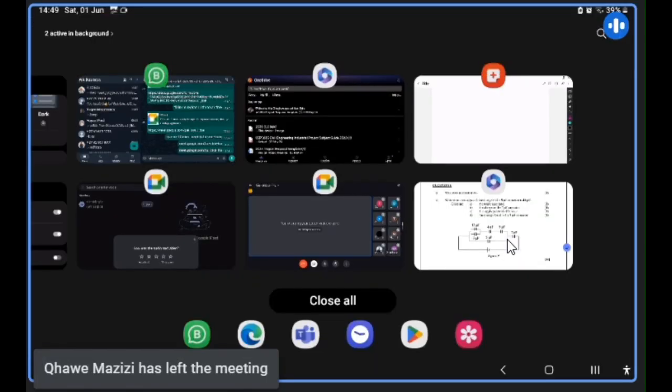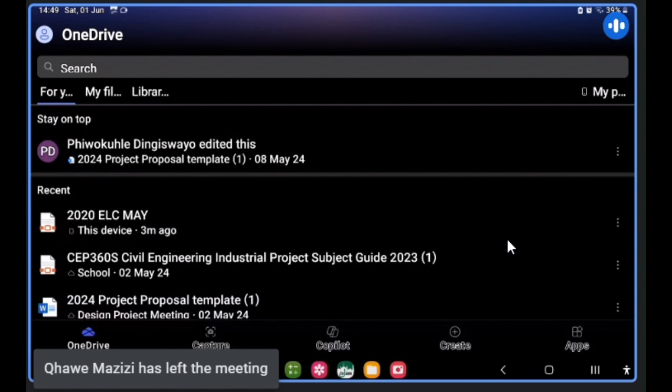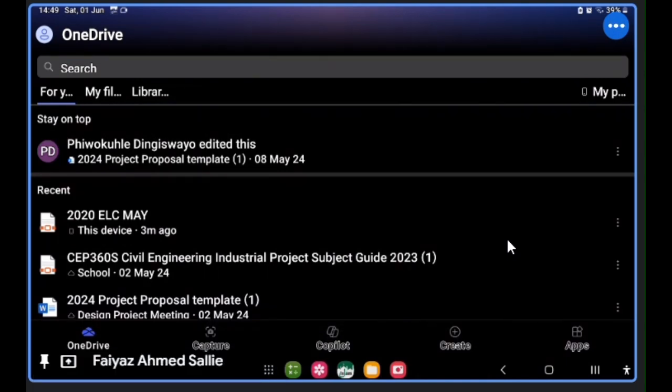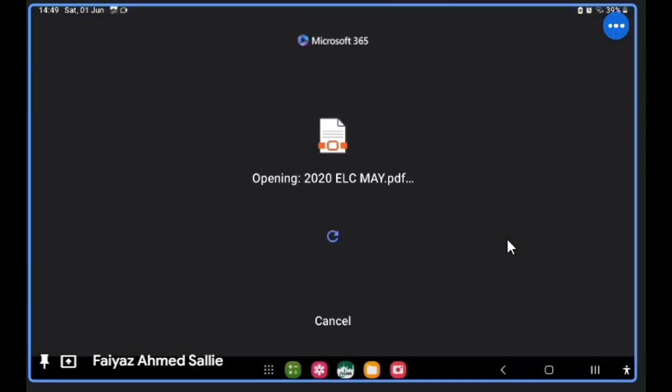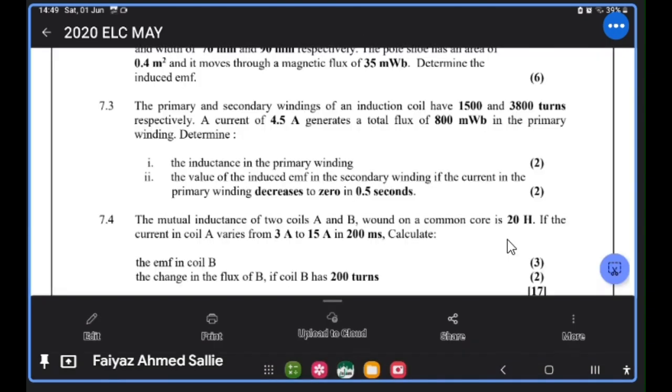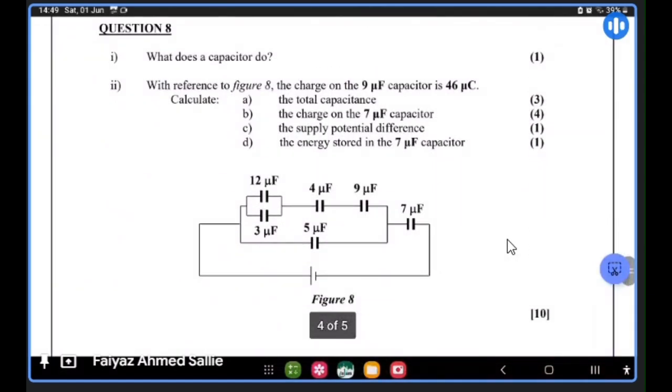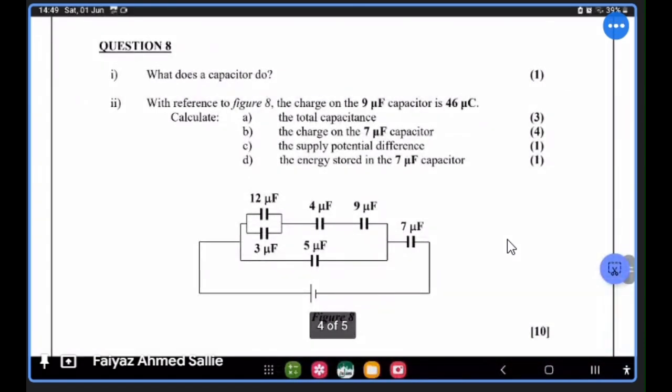Let me just copy this question. I don't know why this question doesn't want to copy. Let me just do a screenshot of this thing.